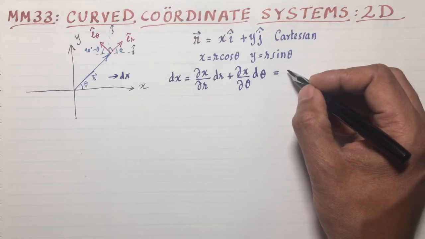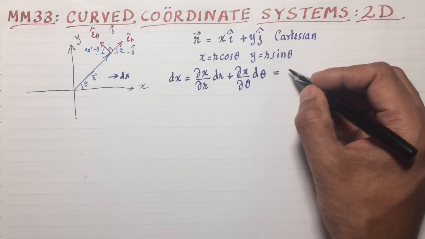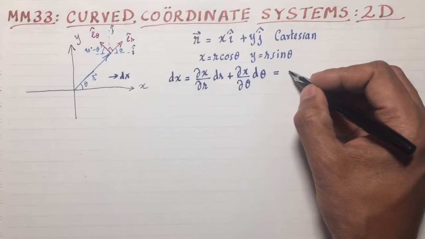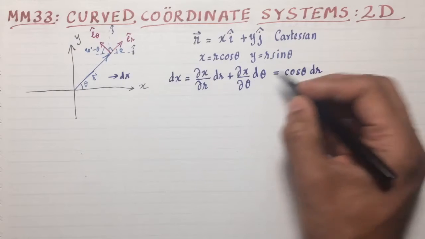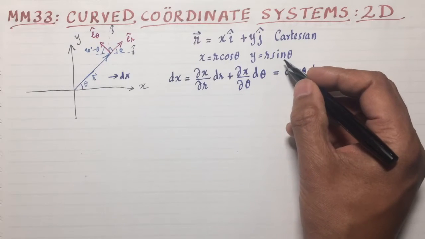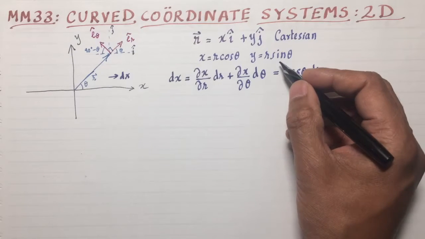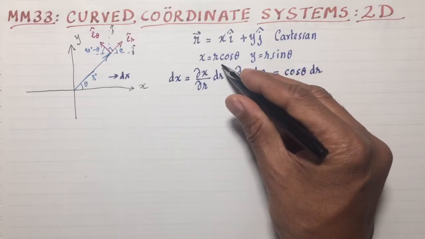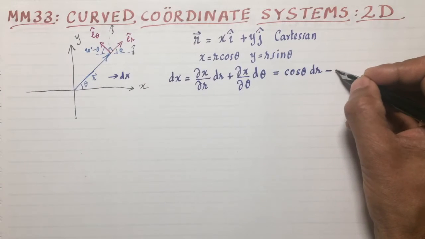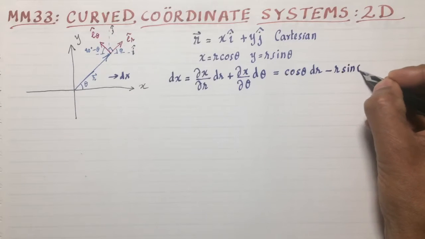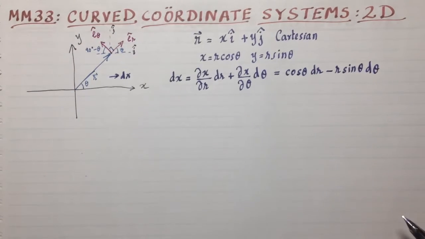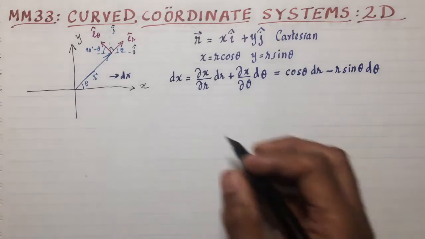So del x by del r from this transformation I wrote above is just cosine theta, and del x by del theta from the same transformation is negative sine theta, with the r taken in. So that's going to be your transformation dx.